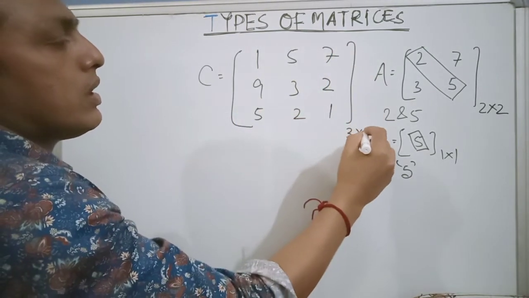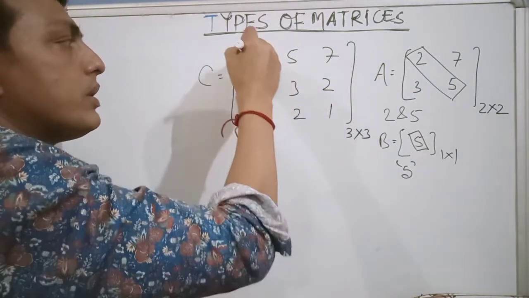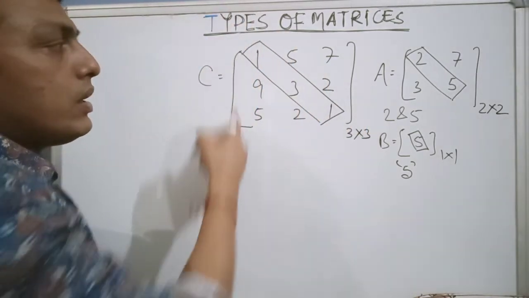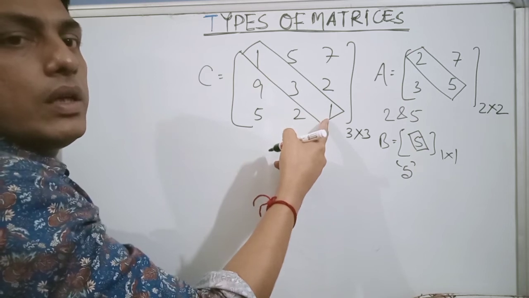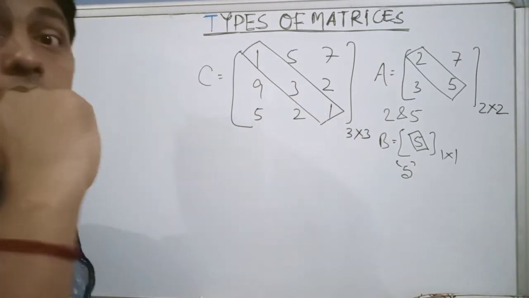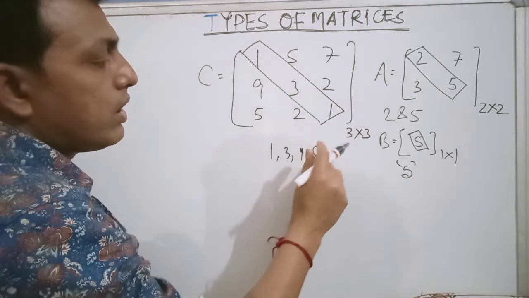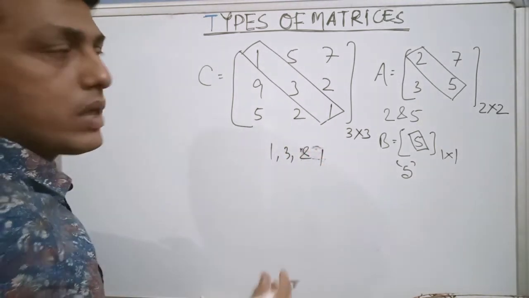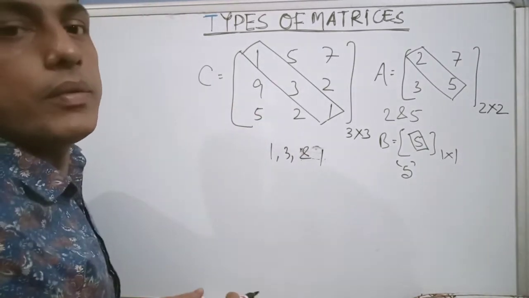Order 3 by 3. First element and the last element. This is the leading diagonal, which consists of 3 elements: 1, 3 and 1. Correct? So this is leading diagonal.